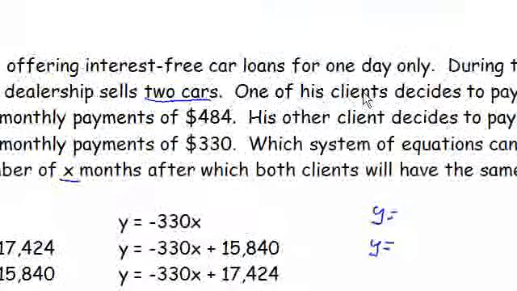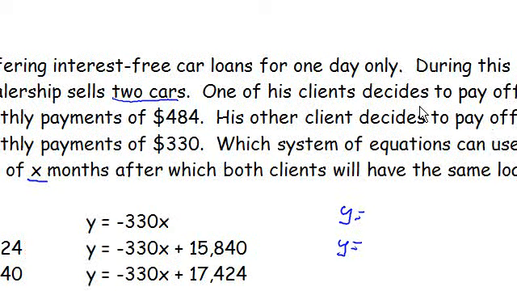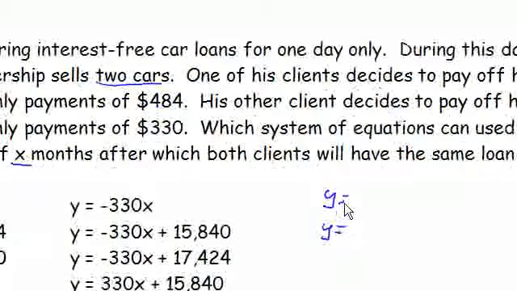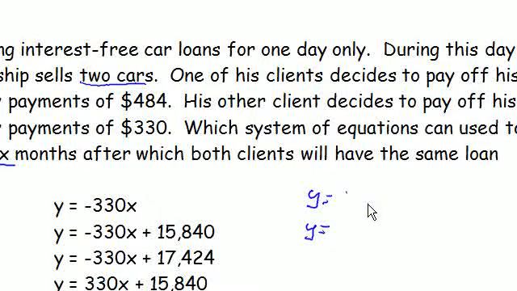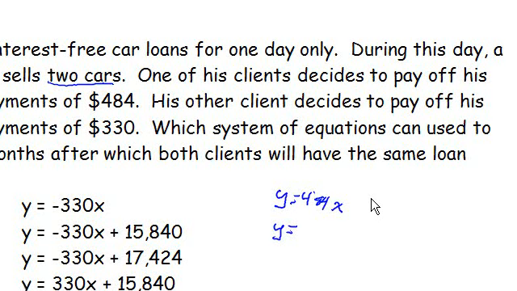So let's look at this first situation for client number 1. His first client pays off his $17,000 loan in 36 monthly payments of $484. So every month X, he makes a payment of $484, and that decreases the amount of his loan.